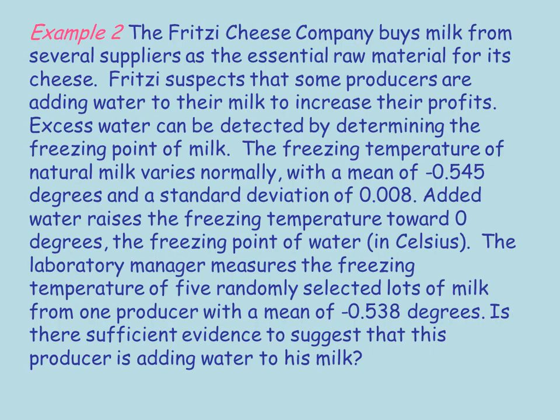Okay, so let's go through an example. Example 2. The Fritzy Cheese Company buys milk from several suppliers as the essential raw material for its cheese. Fritzy suspects that some producers are adding water to their milk to increase their profits. Excess water can be detected by determining the freezing point of milk. Freezing temperature of natural milk varies normally with a mean of negative 0.545 degrees and a standard deviation of 0.008.